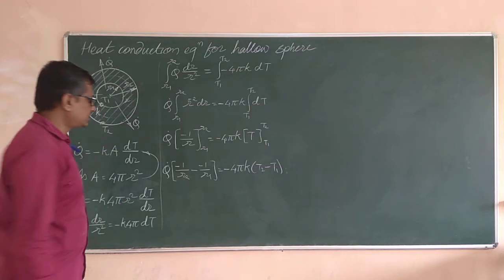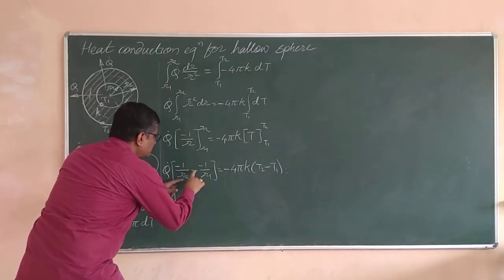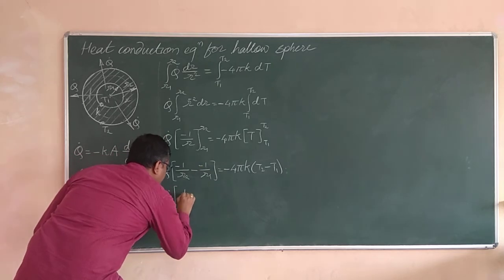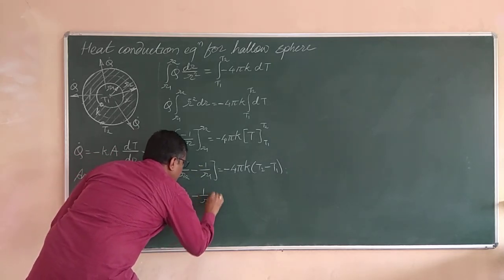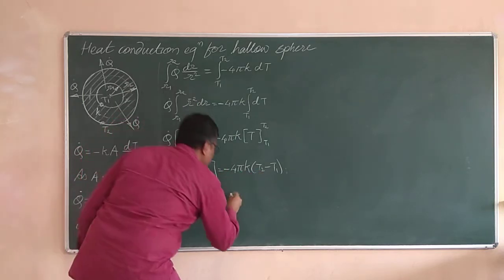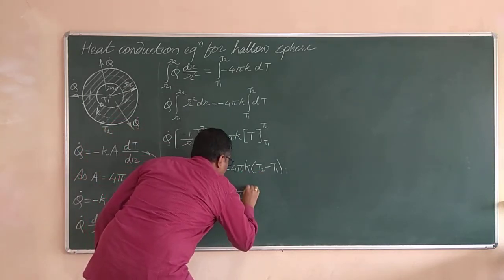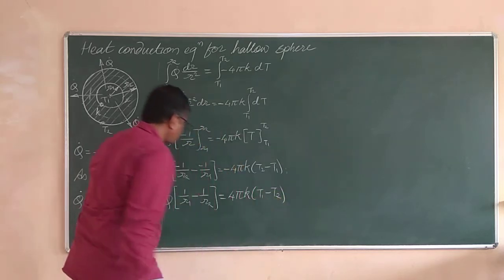Let us simplify this. How will you simplify it? This is Q dot into the bracket. Minus minus becomes plus, so I will prefer to write it first as 1 by r1 minus 1 by r2. This equals, if I take this minus sign into the bracket, 4 pi k into the bracket T1 minus T2. This is the term.